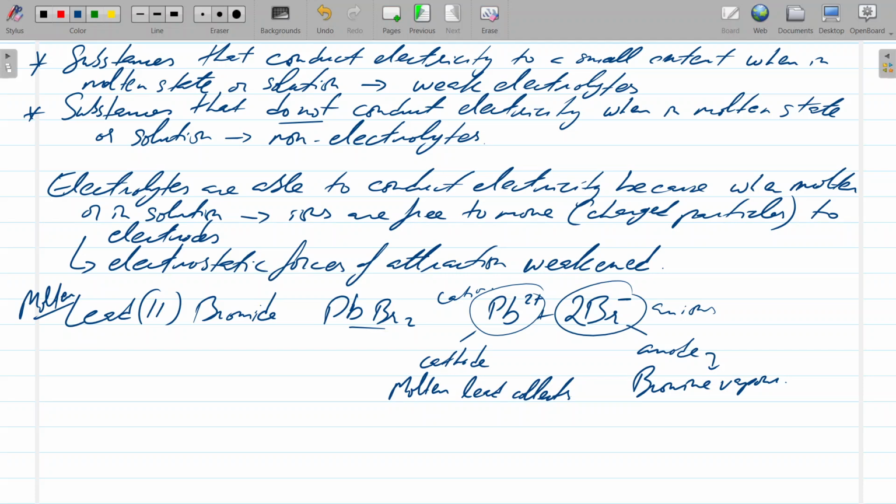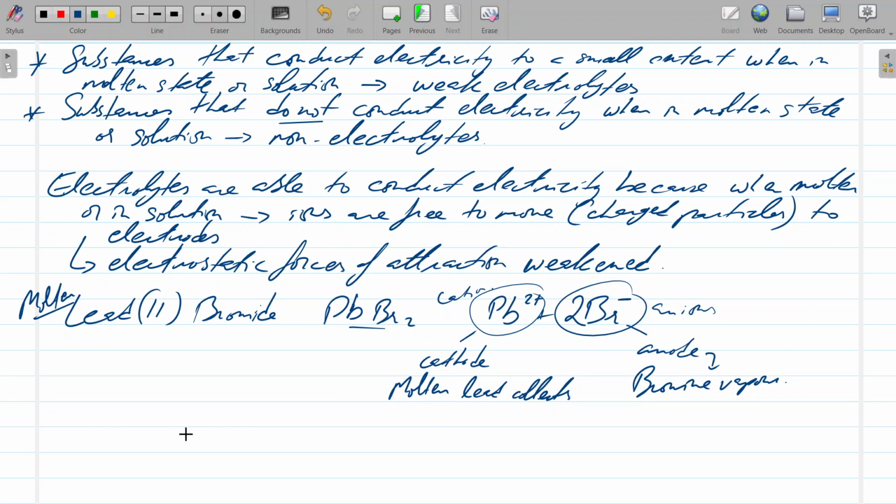you can take a look at what's happening to the ions individually. First of all, overall, here's the whiteboard.